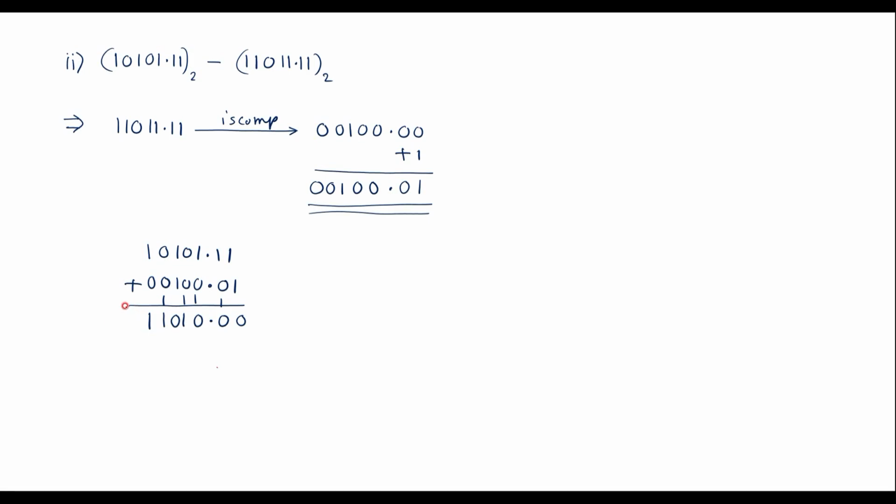So here we can see that no final carry is generated. It means that this is not the actual result. The actual result is obtained by taking the 2's complement of this number and applying a minus sign.